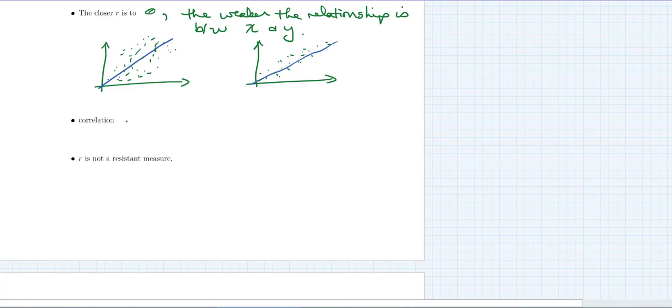Another thing we want to know is that correlation requires both variables, both x and y, to be quantitative. That means correlation is not a measure of the linear relationship between two categorical variables.